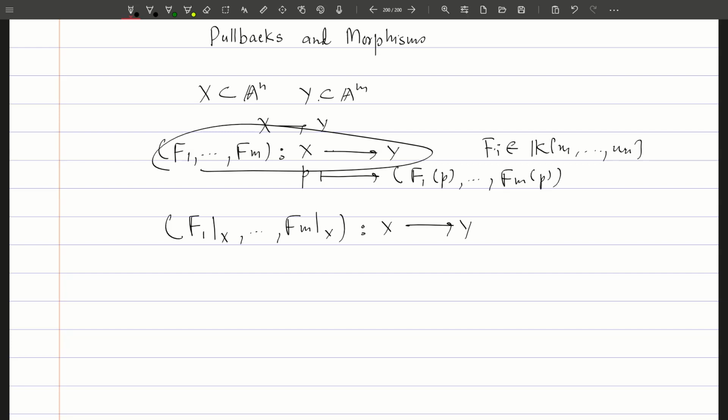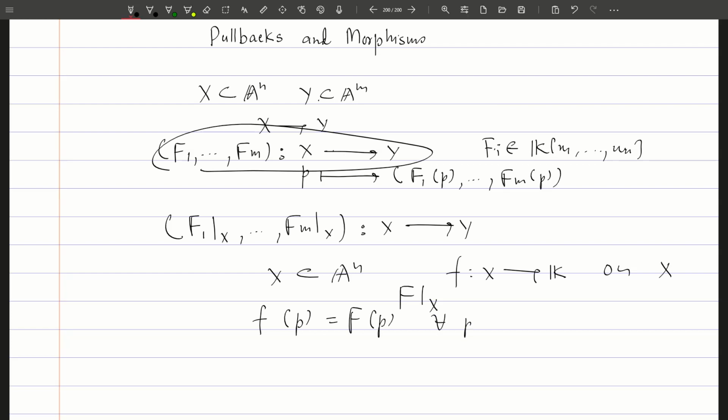Now if X in A^n is a closed subvariety, a polynomial function f from X to k on X is the restriction of a polynomial to X. That means a polynomial function is a function such that f(p) is f(p) for all p in X. So this is the polynomial function.